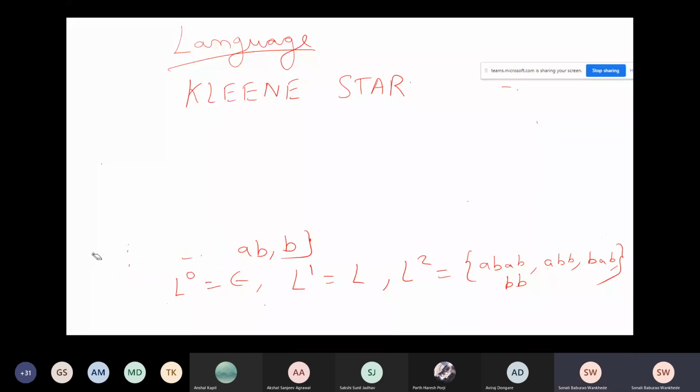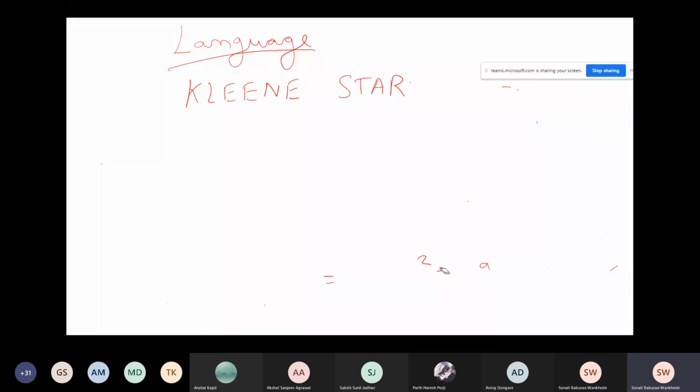Now, for example, what is Kleene star? We'll see. For example, we have L equal to {0}. Then what will be L star?